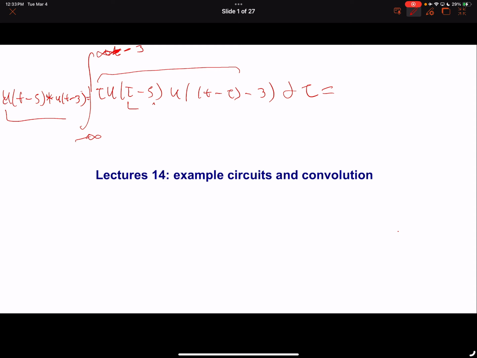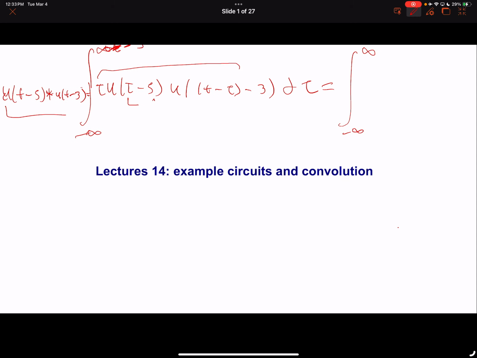This is actually equivalent to me doing this integral from negative infinity to infinity of u(tau - 3), and then t minus tau, u(t - tau - 5) d tau.